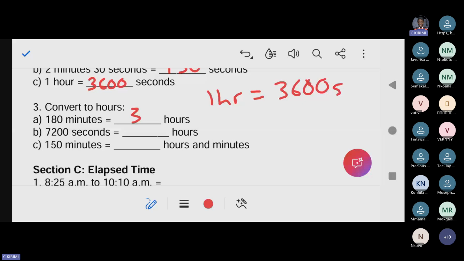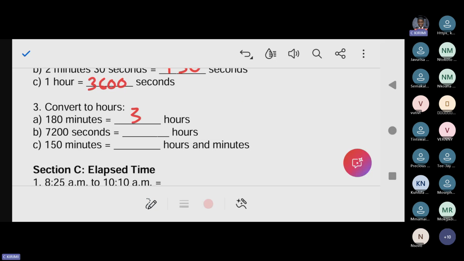So if you are given 7,200 seconds, you are simply dividing to find the number of hours that you need. So it's a division problem. What are we going to divide by? We are simply dividing 7,200 by 3,600.